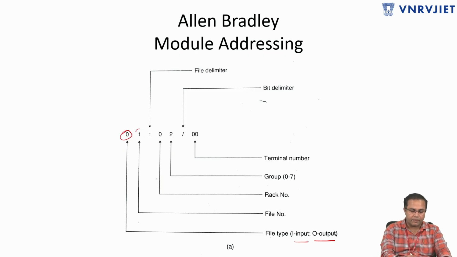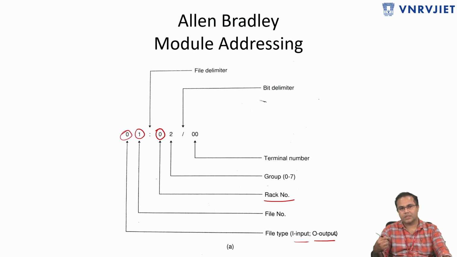Next is the file type. This is just a numerical representation of your input and output. So 1 represents the output. Next, after the colon, this digit indicates the rack number. Normally in an industrial environment, we use several racks, so we need to specify which rack our module or terminal belongs to.